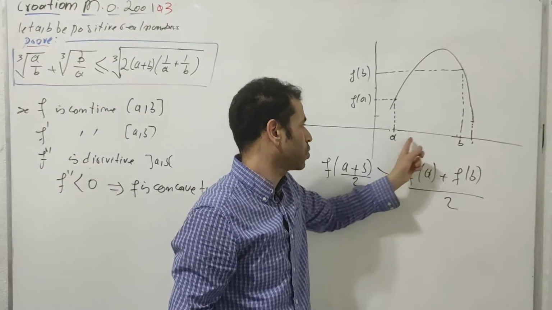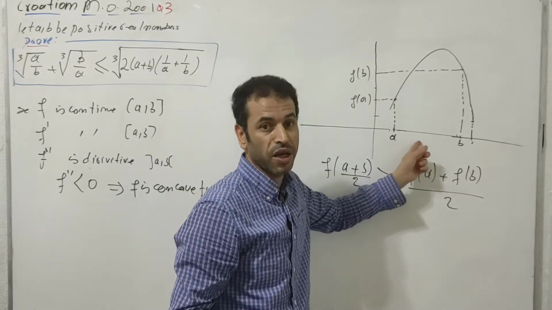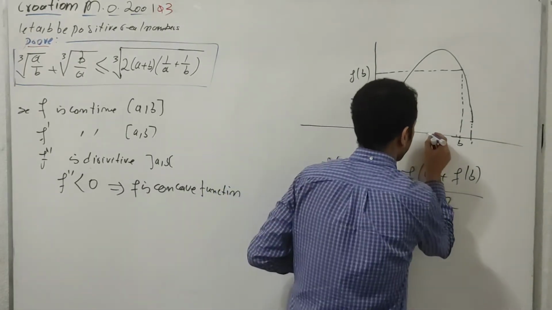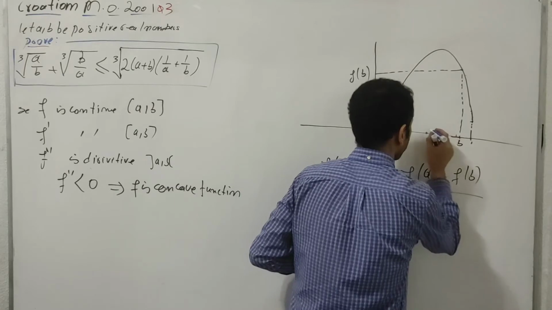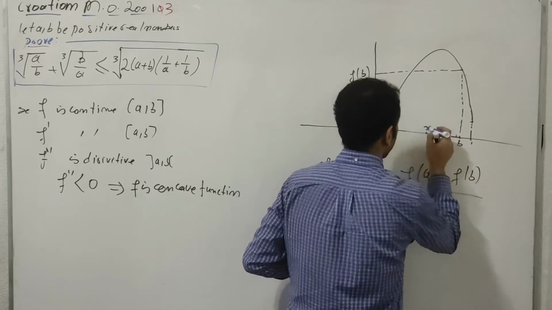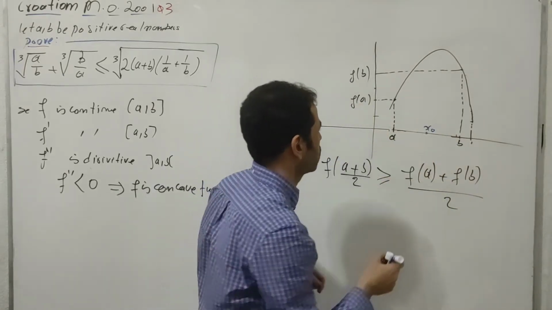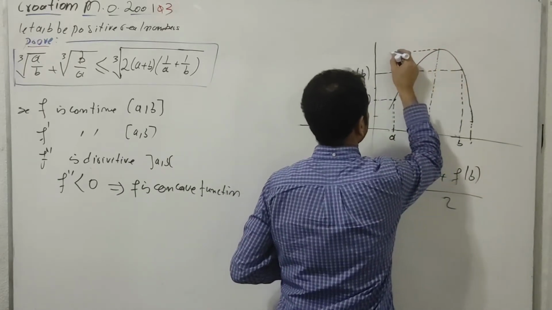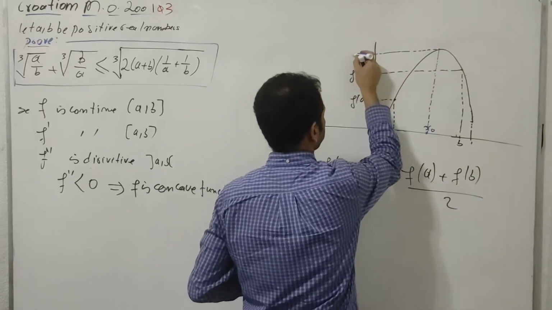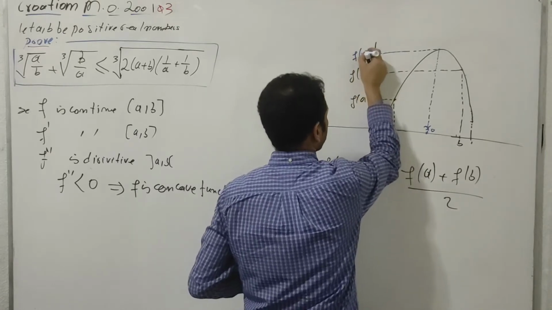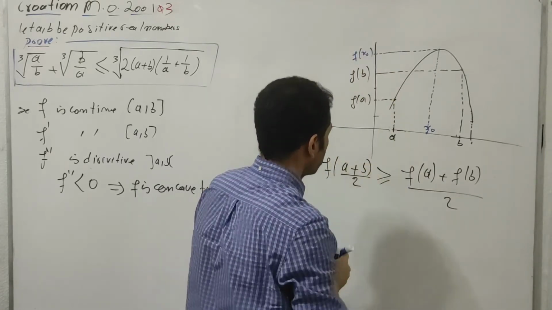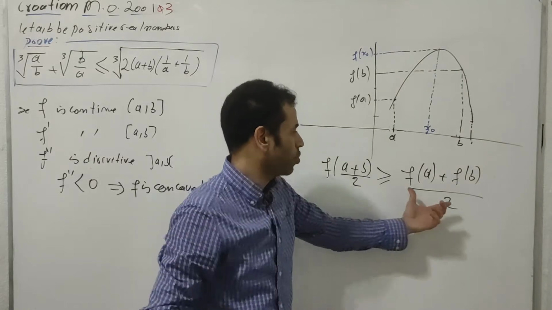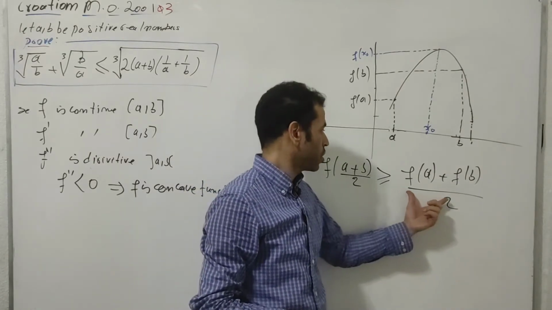If I put x0 in this interval [a, b] as the average, so it will be in the middle, x0, I'm going to take the output of this one. The output is higher on this function, f of x0. Also, I'm going to take the average of f of a and f of b.